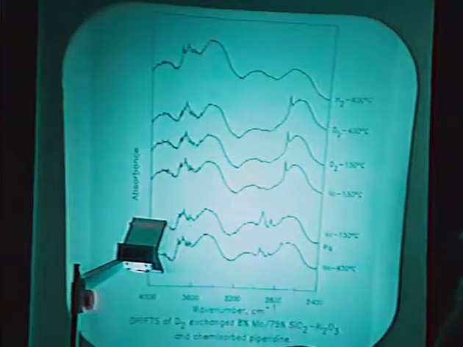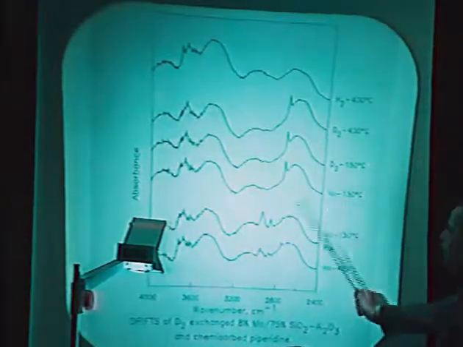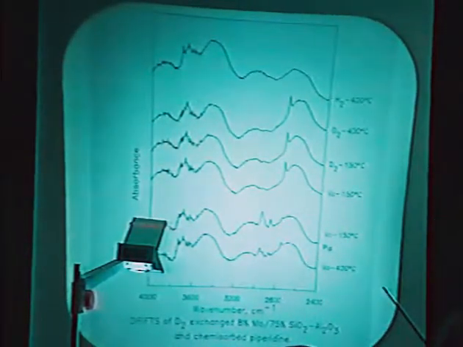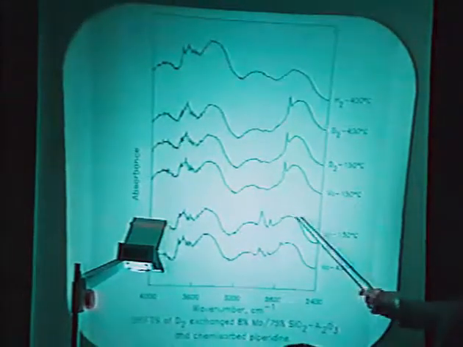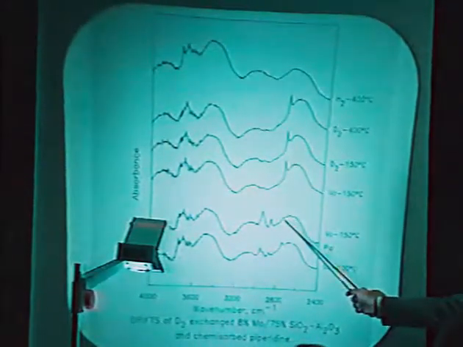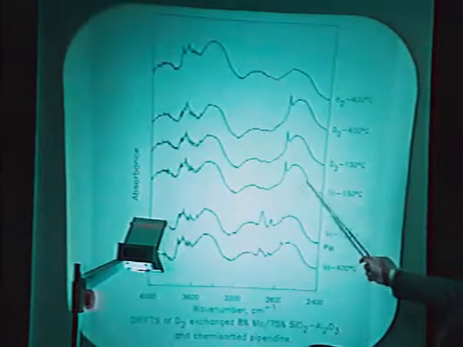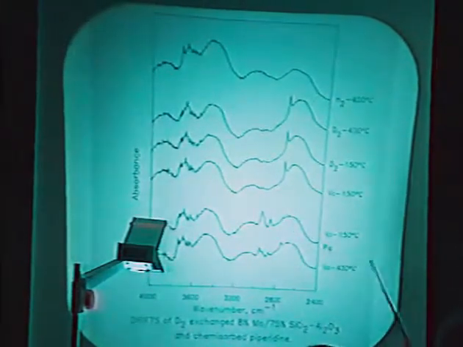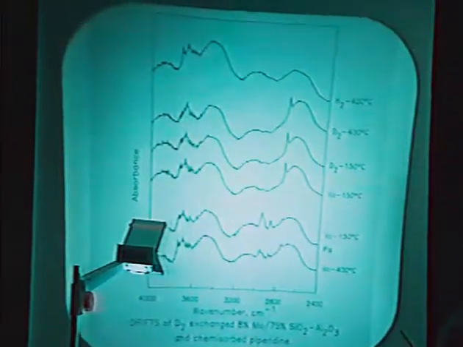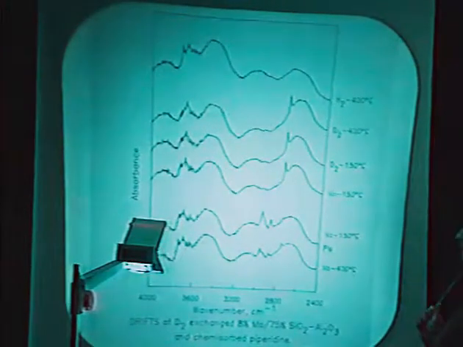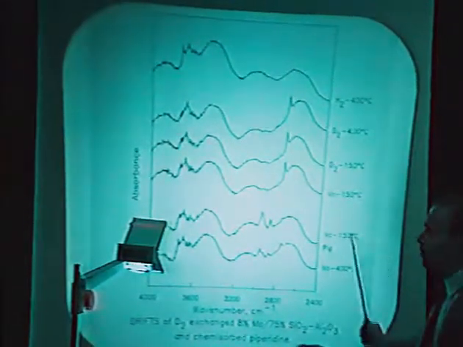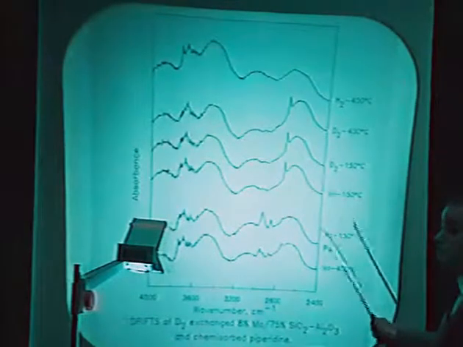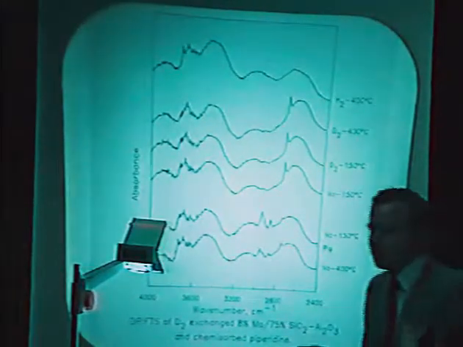Also, piperidine interacts mainly with the ODs that have been exchanged with D2, but we see that the peak coming from silica has almost disappeared, while the peak coming from alumina has not. We have to remember that some of the OH groups coming from alumina are basic, so piperidine is not going to interact with another base.